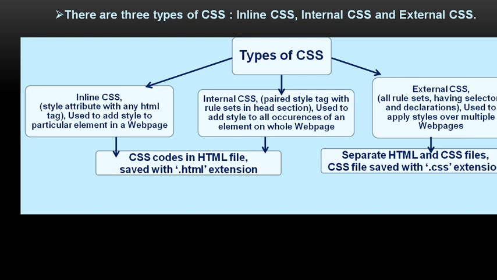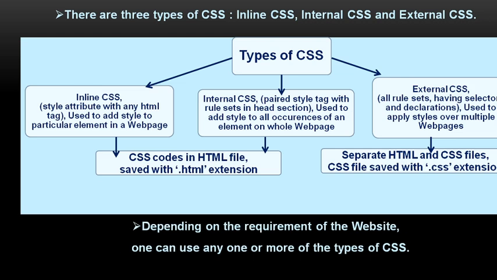So here external CSS can be used if we want to apply these CSS styles over multiple web pages for particular tags. So now you understand that depending on the requirement of the website, web designer can use any one or more of the types of CSS.